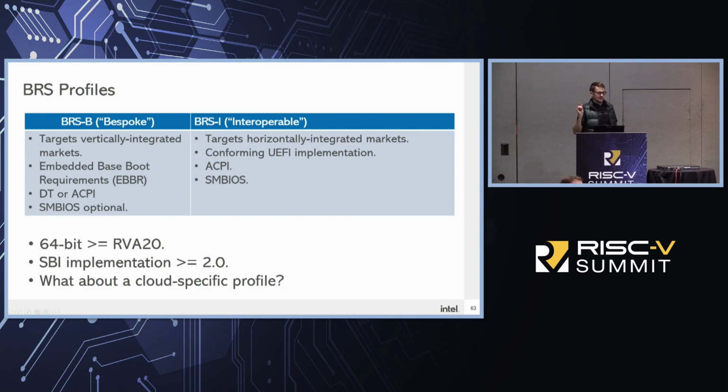This is a subset of UEFI requirements, and you're able to use device tree, if that's what you want, or you can use ACPI. And then there's the interoperable flavor, and this targets server class systems, or similar, where you are now having an expected conforming UEFI implementation, you're using ACPI and all that.